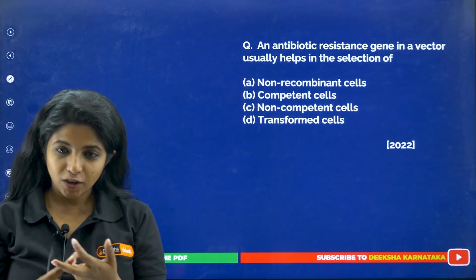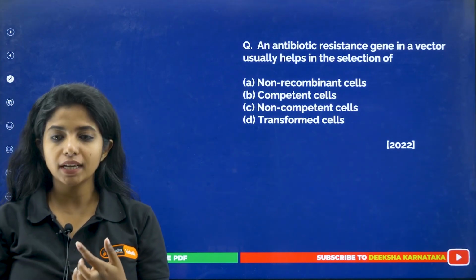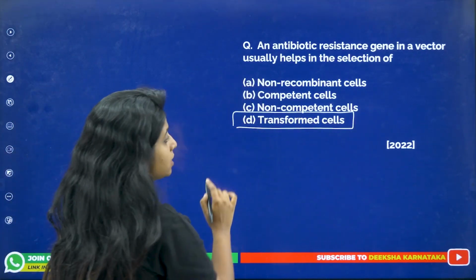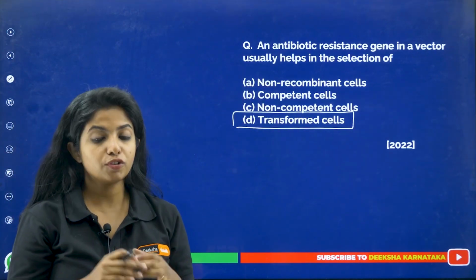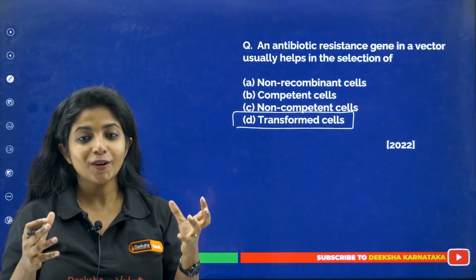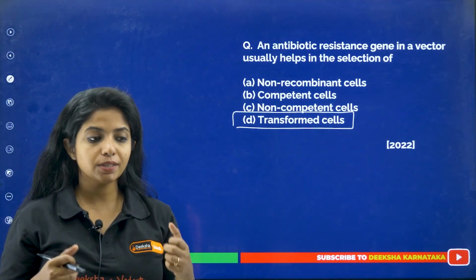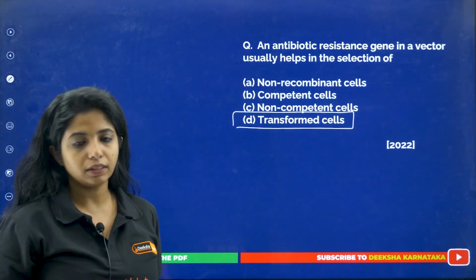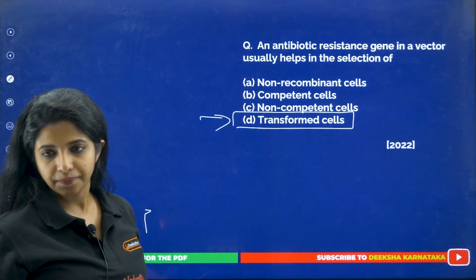Non-recombinant cells, competent cells, non-competent cells, or transformed cells. It will be transformed cells. I would be able to understand whether it is transformed or not, because usually the cells do not have the antibiotic resistant gene. We are going to put it in, and that's how we are transforming it. Competent cells are cells that have the capacity to take up things, but there's no method for that selection. It is the transformed cell. Cool.